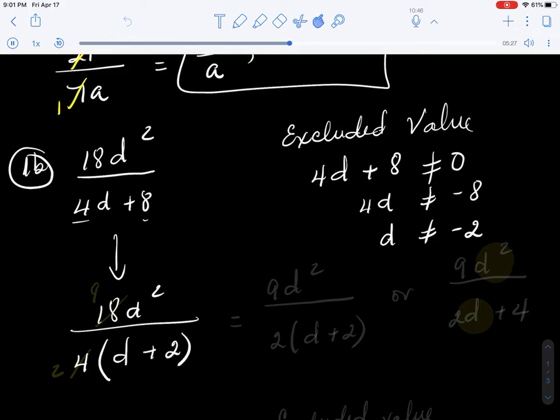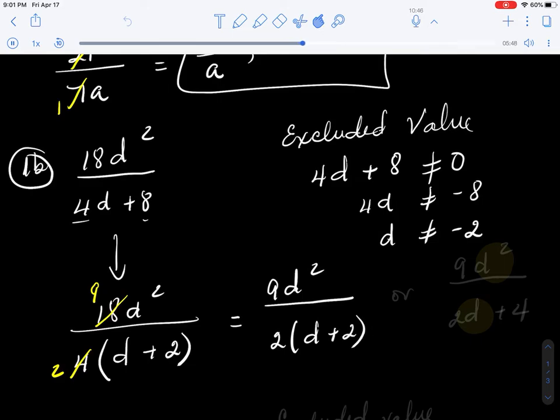Then let me simplify 18 and 4. They are divisible by 2. That gives me a 9 and a 2. So that's going to give me 9d squared over 2 times d plus 2.